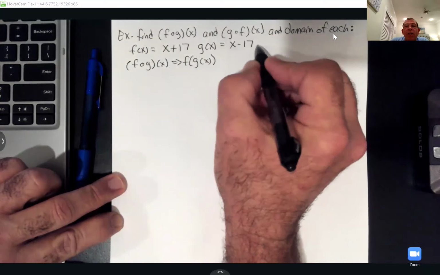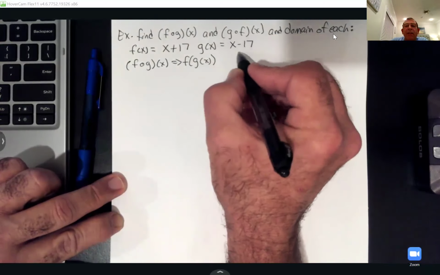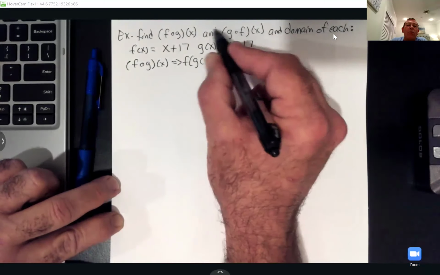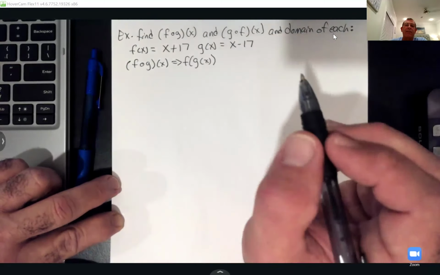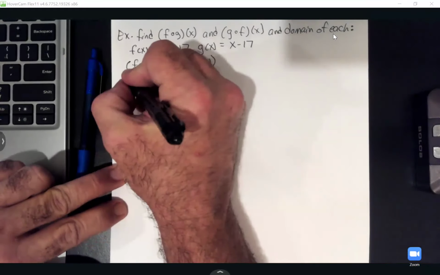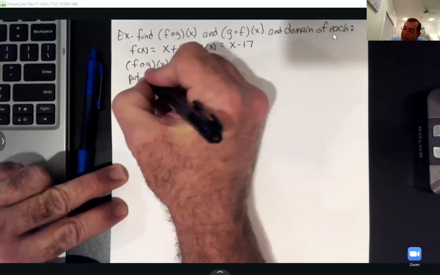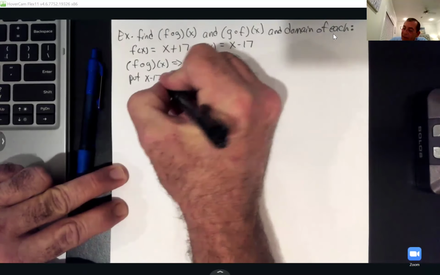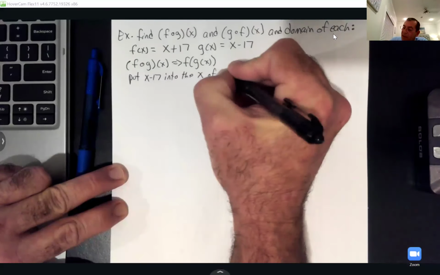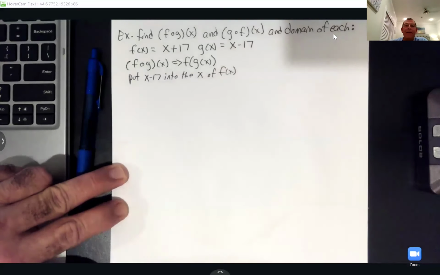Since I can't do anything to this x minus 17, this whole function will now go into the f of x. So put x minus 17 into the x of f of x.